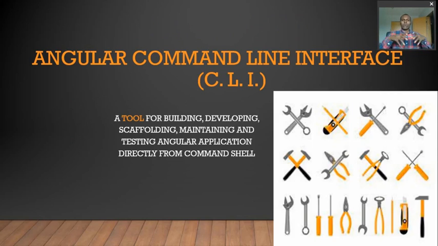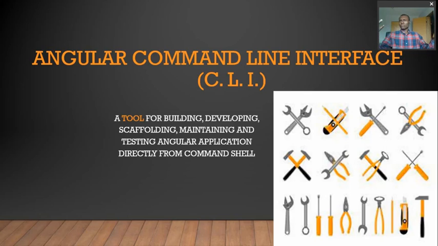So, what is CLI for? It's simply a tool, a machine for building, developing, scaffolding, maintaining, testing, and debugging our application. And if it's a tool, that tells us that it makes work easy. And of course, that is the purpose of tools, to make work easy. Why should I go and pull a nail from a wall or from a wood when I actually have a pliers that can do that for me?